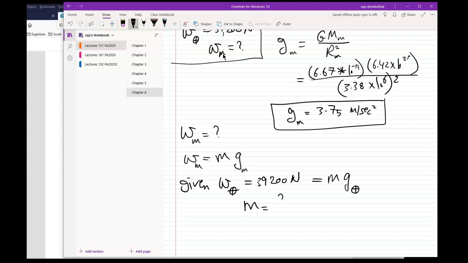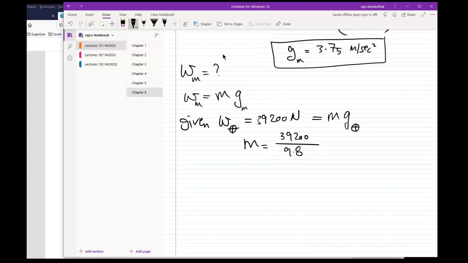So 39,200 divided by 9.8, and therefore the mass of the lander is 39,200 divided by 9.8. Answer: the mass is exactly 4,000.